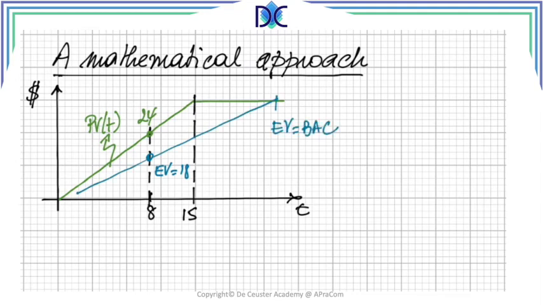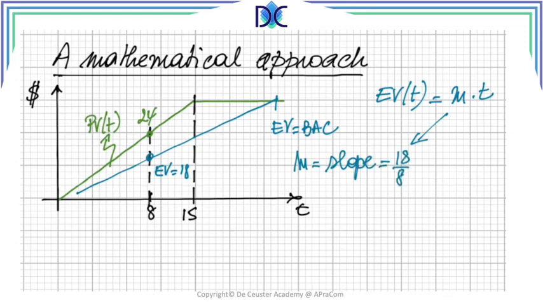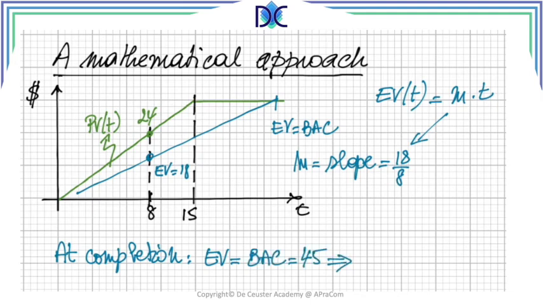And we can expand this. We can say that we continue to create these deliverables at the same rate. And we can express the earned value as a function of time, which is a slope, m times t. And the slope m, when you look at the definition of the slope, is 18 divided by 8, which gives us, for the function at completion, that the earned value is equal to the budget at completion, or equal to 45.